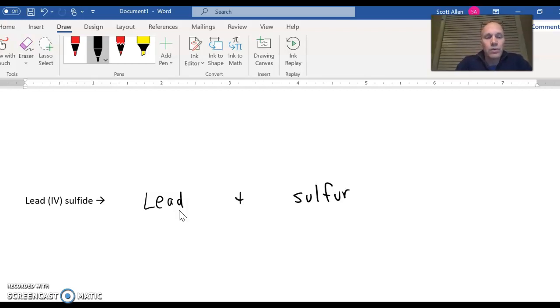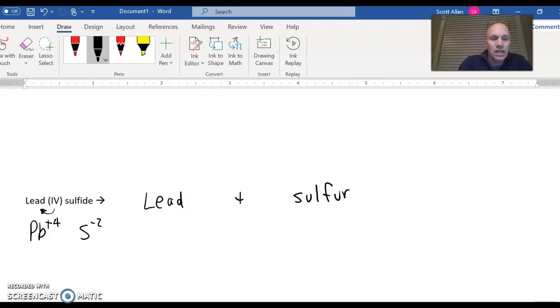First we've got to figure out the formulas. Again, this is this Roman numeral 4 right here. That indicates the charge on the lead in that compound. So when we're doing the crisscross rule, remember what we would do is write down the formula. Lead is Pb, and it would have a +4 charge.